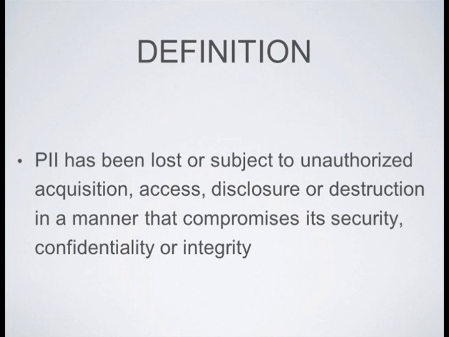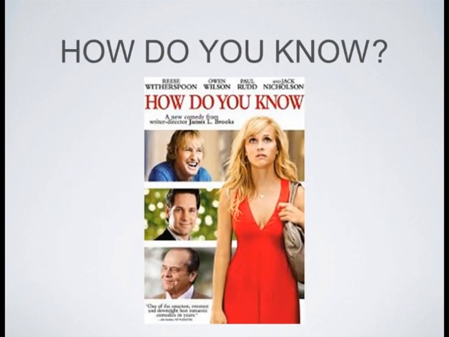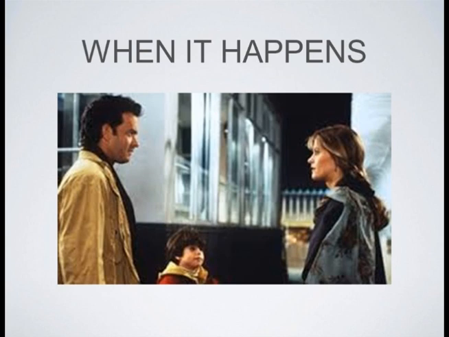Now you might say, well, how do I know I've got a data breach? Right? How do I know if this thing is even affecting me? How do I know if I've got personally identifiable information I collected out there in the public? Well, the unfortunate reality is you only know when it happens.